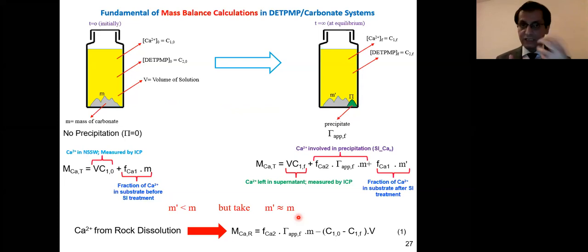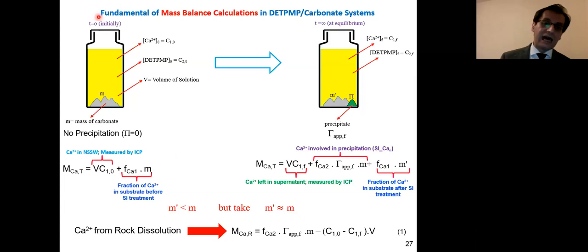I mean, the carbonate system is dissolved by scale inhibitors, and some divalent cations, depending on the type of the carbonates, are generated, like calcium, magnesium, etc. So initially, before we start the experiment, we have 5 or 10 grams, it doesn't matter, of the carbonate substrate in contact with North Sea water and DETP-MP, the scale inhibitor.